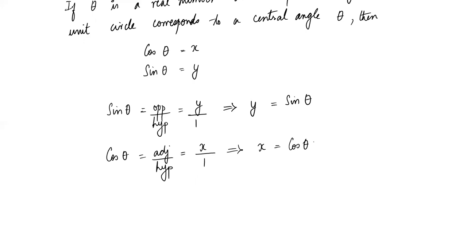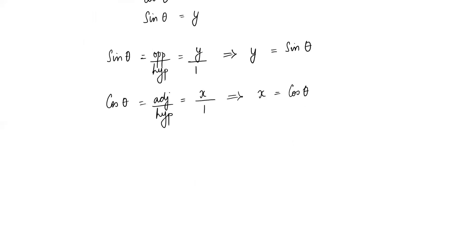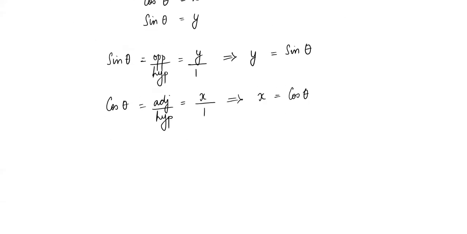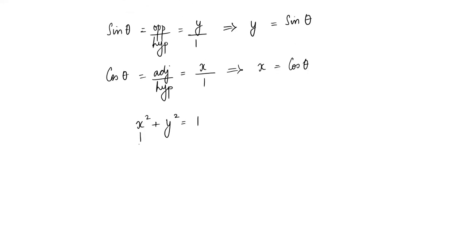Okay? And you can also see that, let me also write that here, you have x squared plus y squared equals 1. And if you replace your x with cosine squared theta, and the y with sine squared theta, which is basically sine theta being squared, sine theta times sine theta.